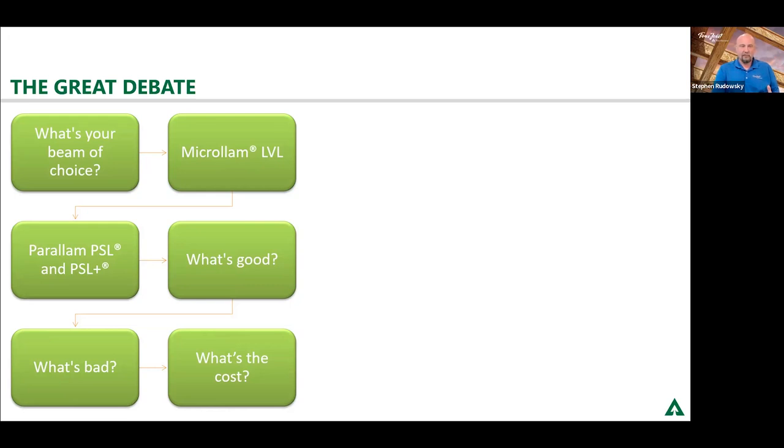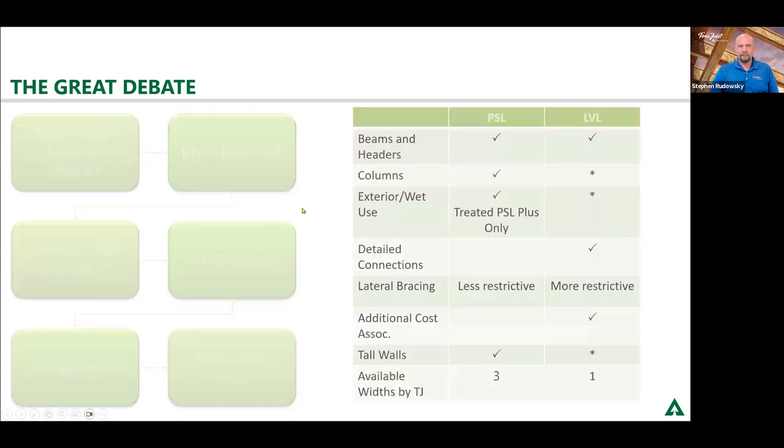So we are what LVL is, same as Parallam or PSL. And really I want to talk about what's good, what's bad, and what's the cost difference between using the two, and would really love to hear from people in the audience as to their experiences and really what their feeling is about the conversation tonight.